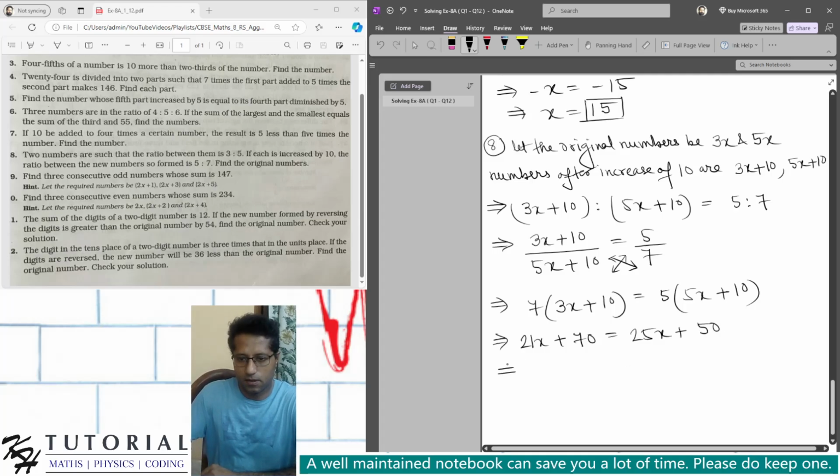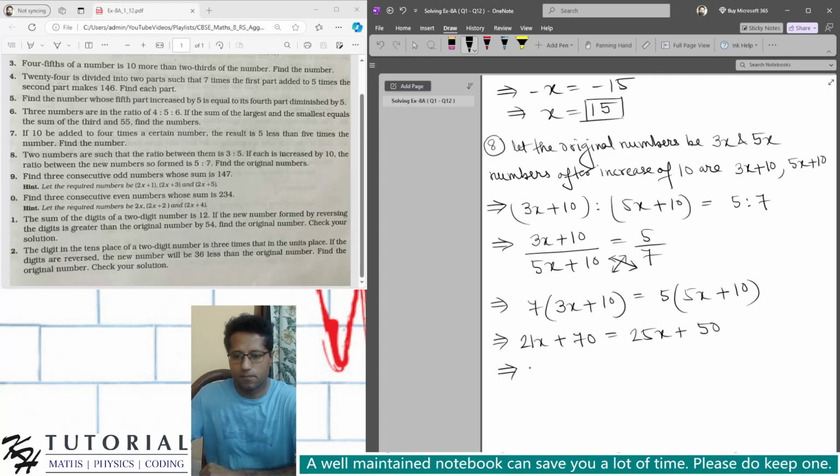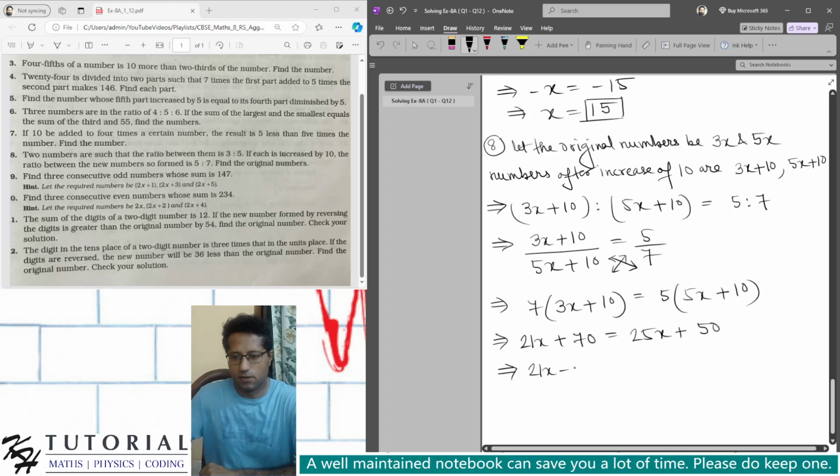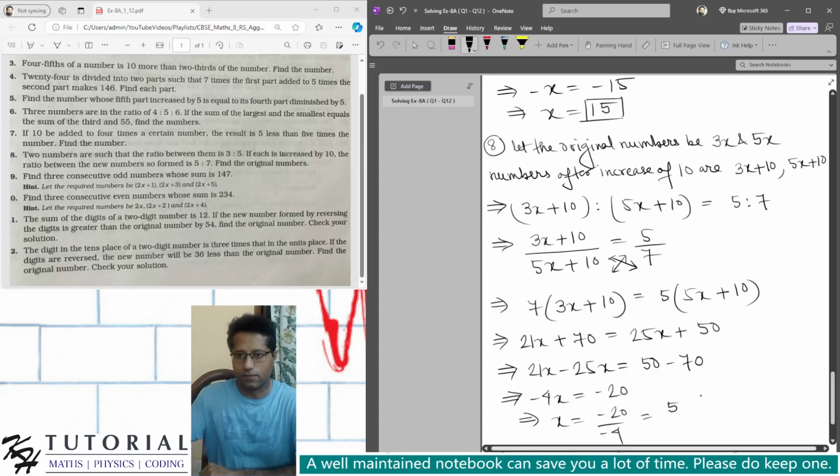Now, using transposition, we bring all the x terms to the left hand side and all the constants to the right hand side, and we get 21x minus 25x is equal to 50 minus 70. After simplification, we get minus 4x is equal to minus 20. This implies x is equal to minus 20 divided by minus 4, which is equal to 5. So x is 5.